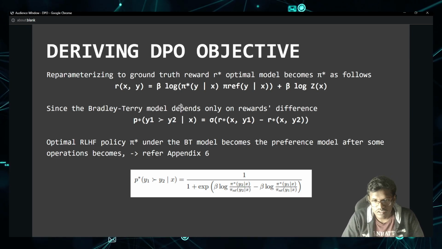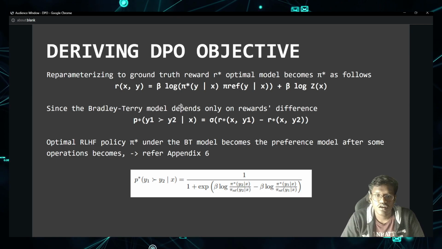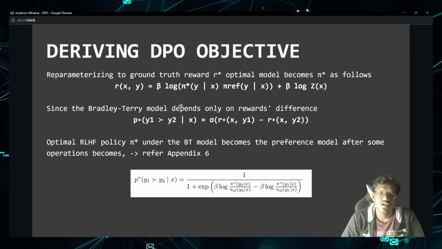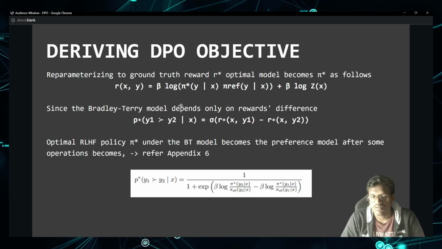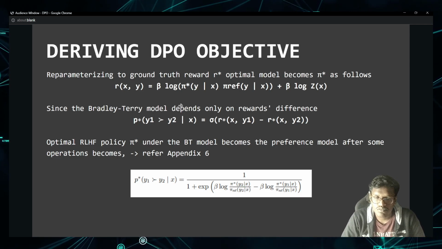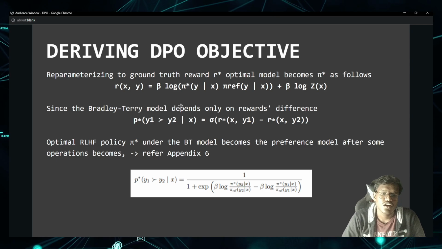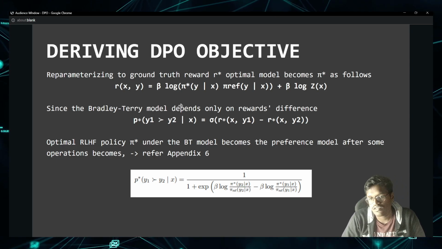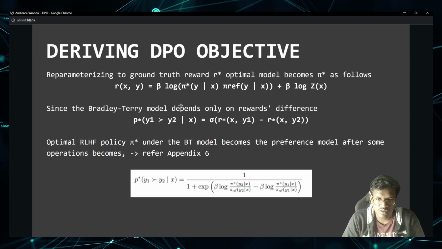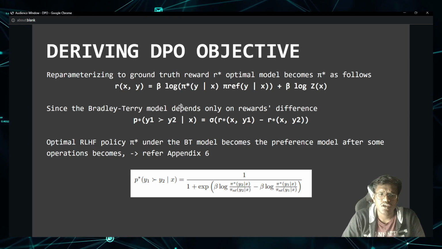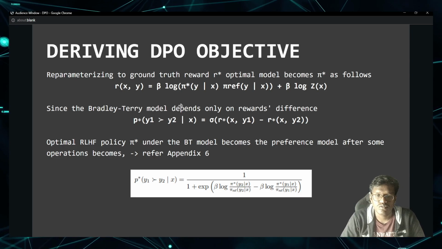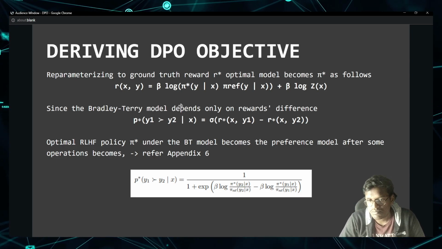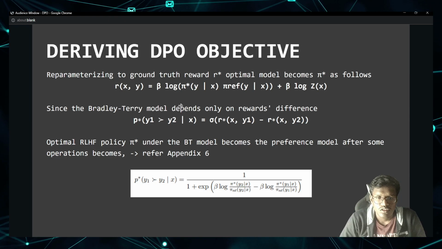We calculate the rewards for the preferred as well as the dispreferred, r star of x comma y1 and r star of x comma y2, and subtract r star of x comma y2 from r star of x comma y1. Then we apply a sigmoid, or logistic function, over it to calculate the preference distribution.